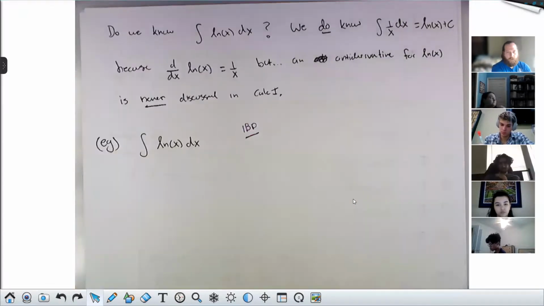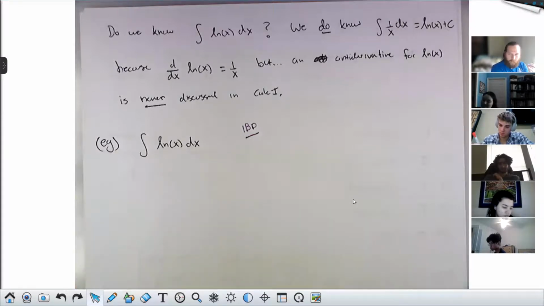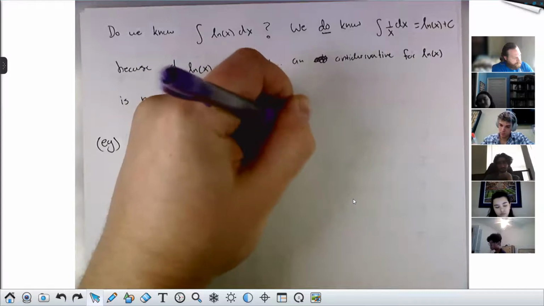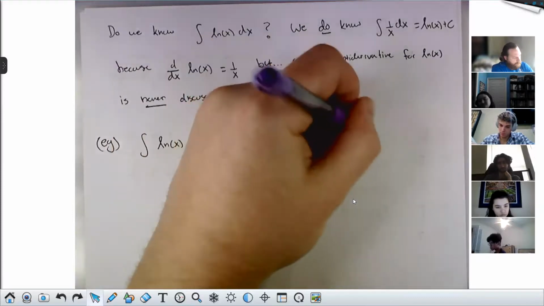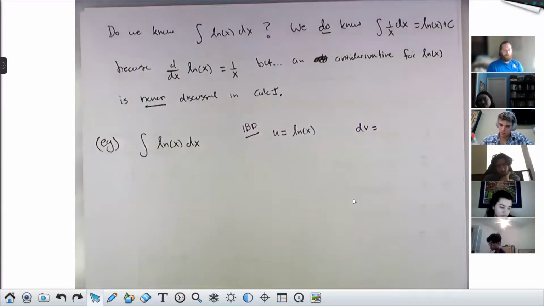But if you keep your LIPET rule handy, you know that anytime you see an integral with a logarithm in it, you should be thinking maybe integration by parts. Well, what does that leave for dv? If I pick u to be ln of x following my LIPET rule, what is dv?